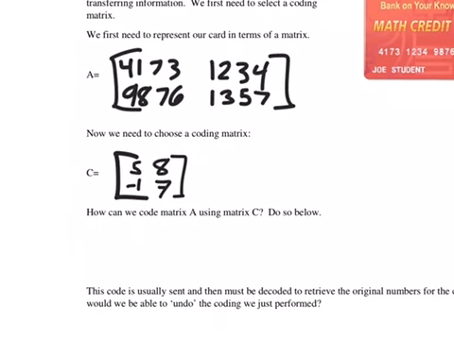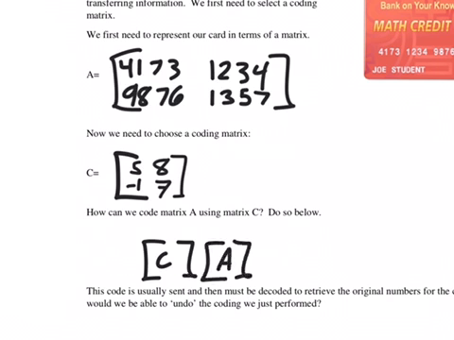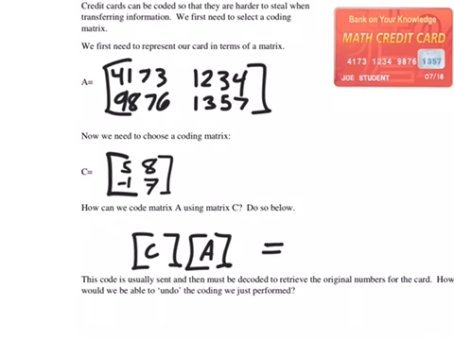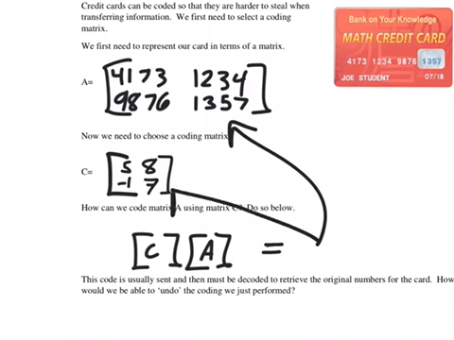And then, if you toss that code matrix out in front of your credit card information, what it will do is it will just scramble all of those numbers up. So the result here would be a matrix that has still your information in it, but it's shrouded or hidden by the multiplication process of all those numbers.